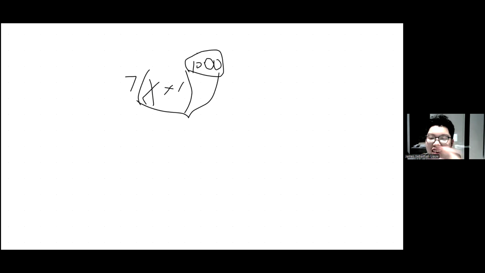Well, nowadays we have calculators, so this is not very hard to do with a calculator. But then again, in Cambridge you're not allowed to use calculators or computers in paper 1. So you can't do this by hand, it's impossible.